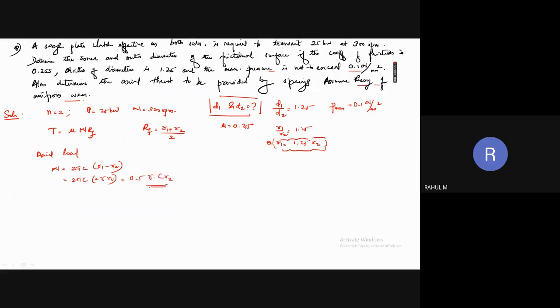That is your W, the axial load. Similarly, your RF value is 1.25 R2 plus R2 divided by 2, which is 2.25 R2 divided by 2, that is 1.125 R2. Now everything is in terms of R2, but there is an unknown, which is your constant C.